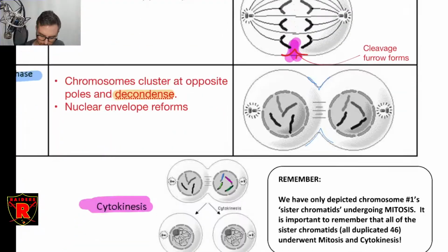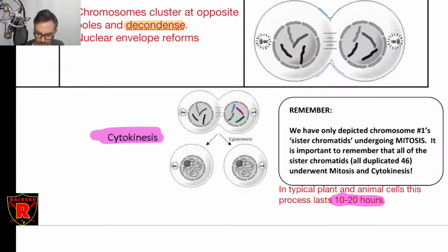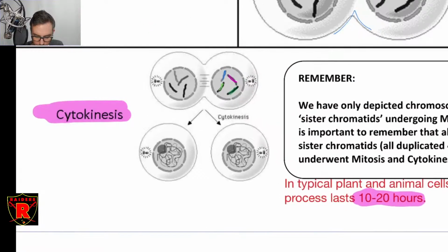And then the last component of this is that you continue to pull in on that belt that goes around, the metaphase belt that goes around, and eventually you're actually going to get a split. That's the true cytokinesis, the splitting of the cell from what was one continuous cell membrane into two. And you end up with two cells identical to the cell that you started with, hopefully, if you did it right.